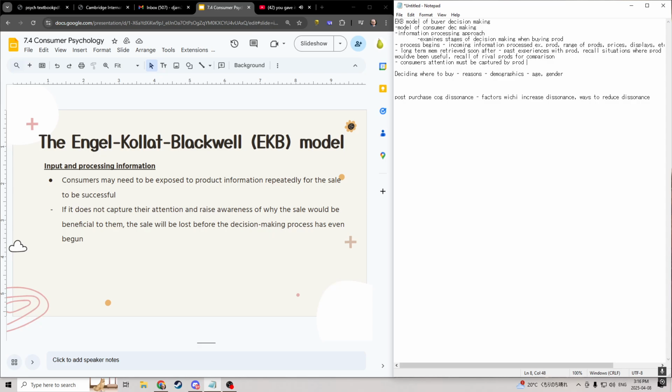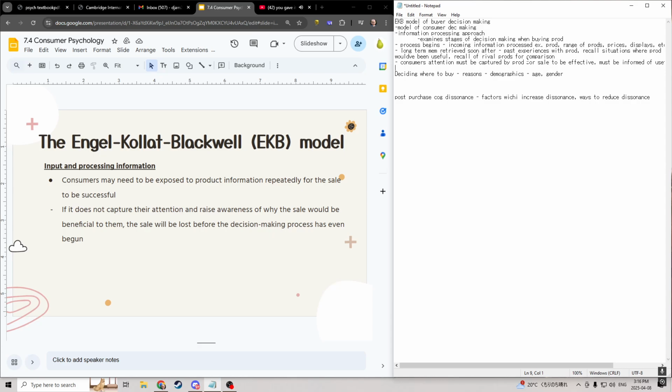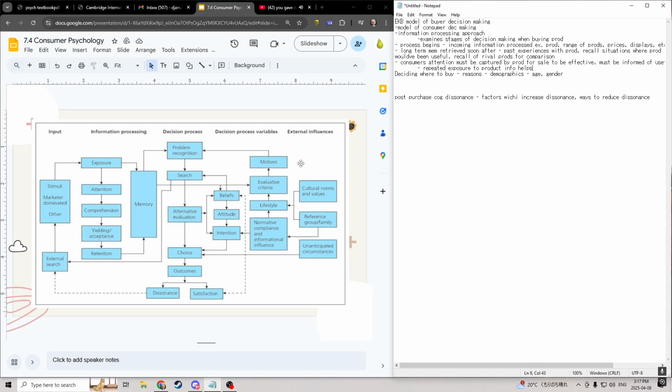Captured for sale to be... say repeated exposure to product info helps.